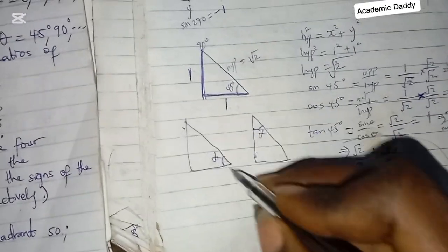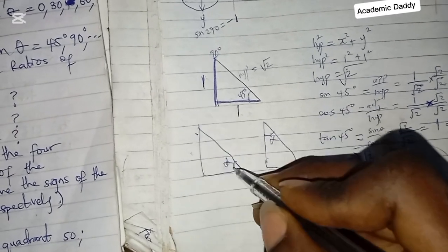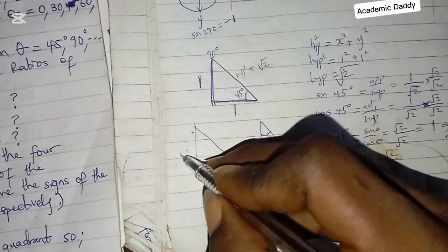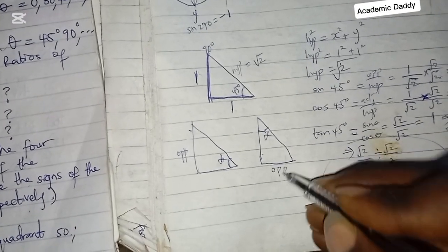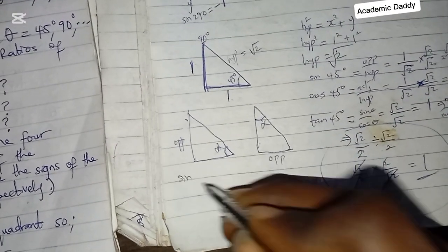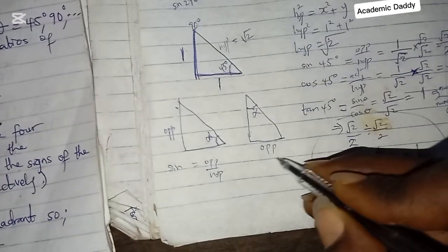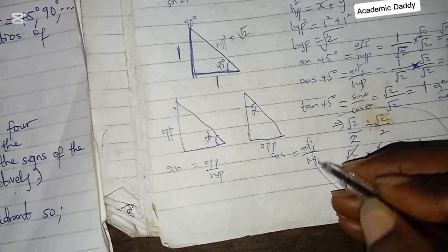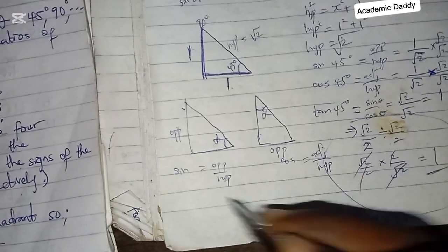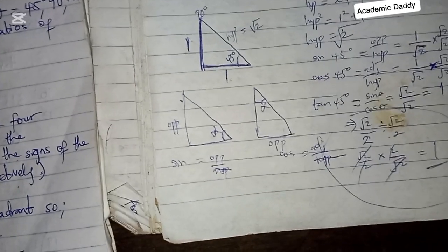So notice that at this point, this side is facing this side, is it not? This angle is facing this, so this is the opposite. While this side is facing this side, this is the opposite. And remember that everything sine has to do with opposite over hypo, and everything cos has to do with adjacent over hypo. So since they have hypo in common, cancel this, cancel this. There's no business with the hypotenuse.